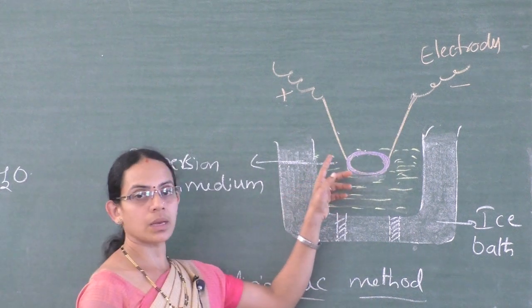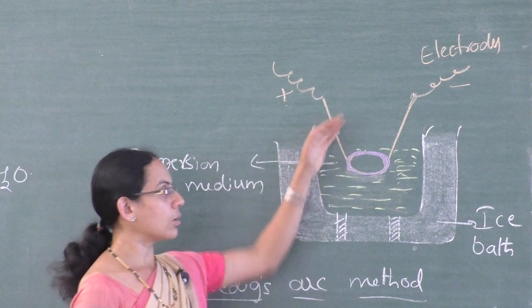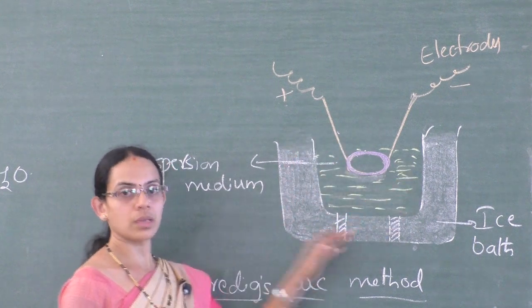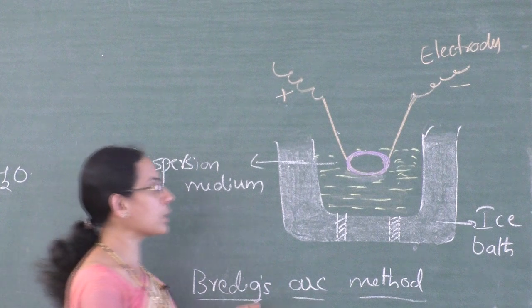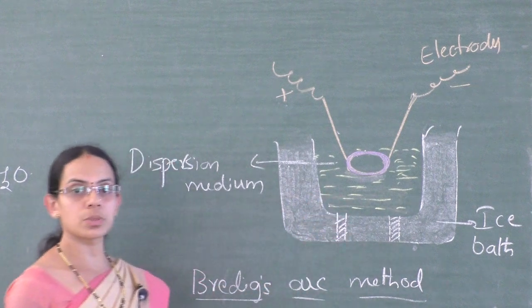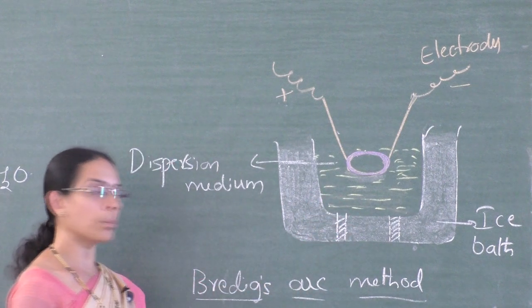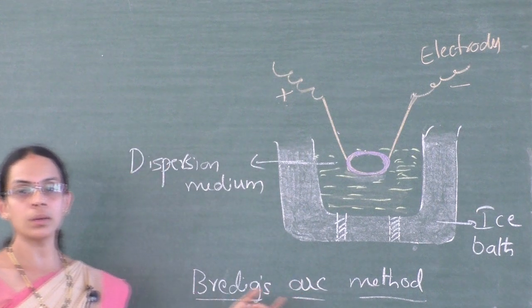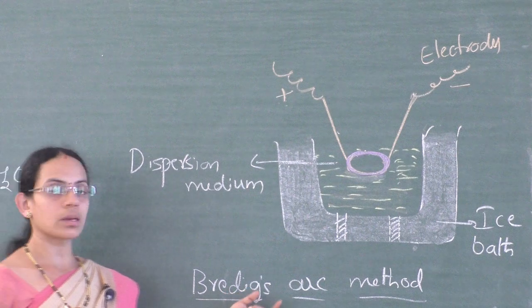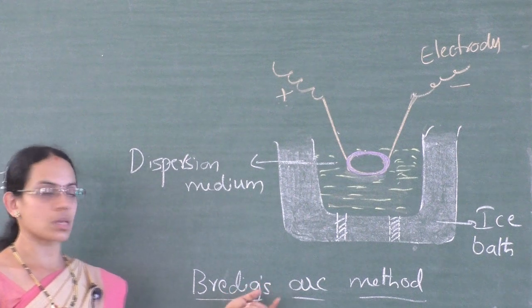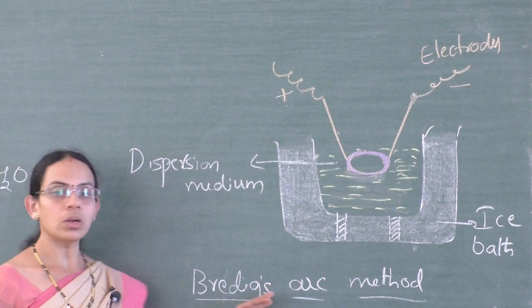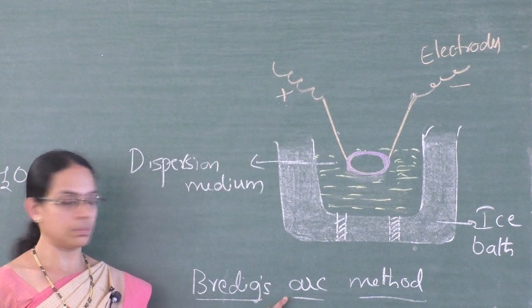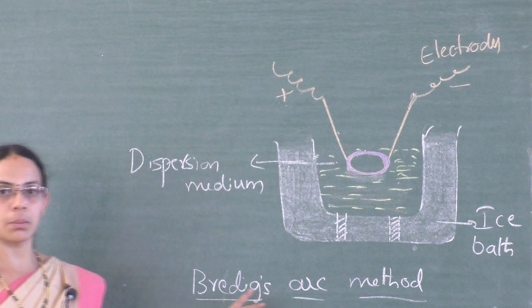And that vaporizes the metal, and because of the presence of the ice bath, those vapors are immediately condensed back into the dispersion medium as colloidal particles. So this is Bredig's arc method to prepare sols like copper, gold or silver, and this is also called electrical disintegration method.